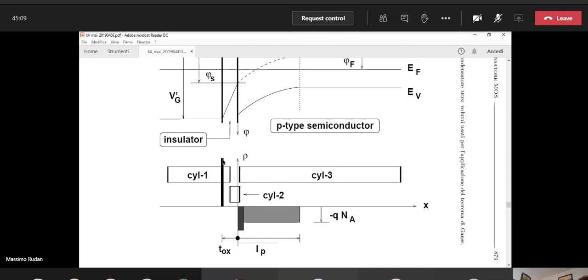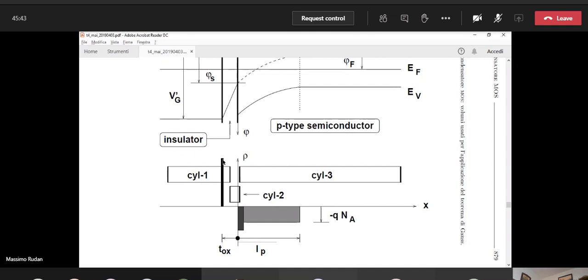So if a metal is electrically charged, the only possibility is that the charge stays at the boundary. And in this case, the boundary of the metal is the interface between the metal and the insulator. So we have a positive layer of charge whose thickness is very small.